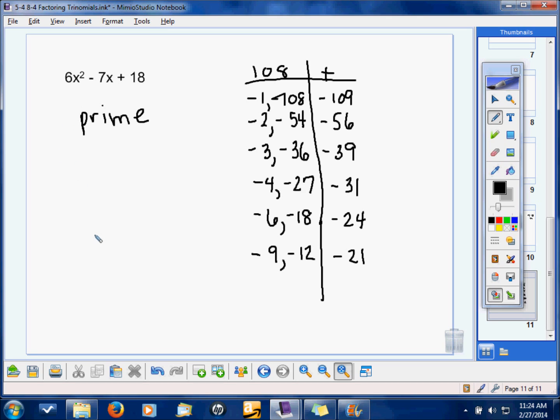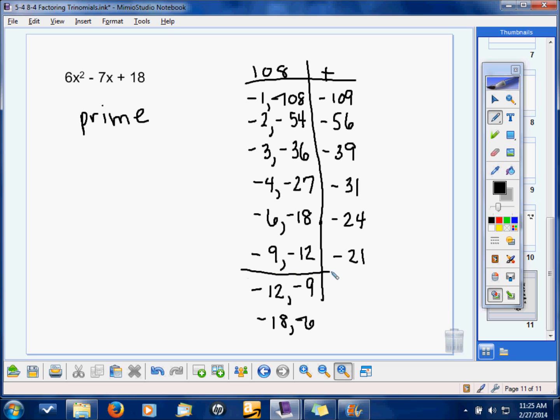So if we don't get past like 9 or like negative 9, then it's probably fine. It's not a matter of just going past 9, it's a matter of the next one that actually goes in is 12. But you see how all it's doing is, if we keep going, all we're going to be doing is reversing the numbers. The next one that goes in is 18. Okay, see what's happening? It's just reversing them.